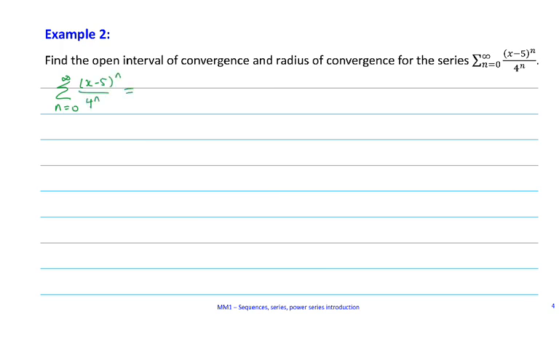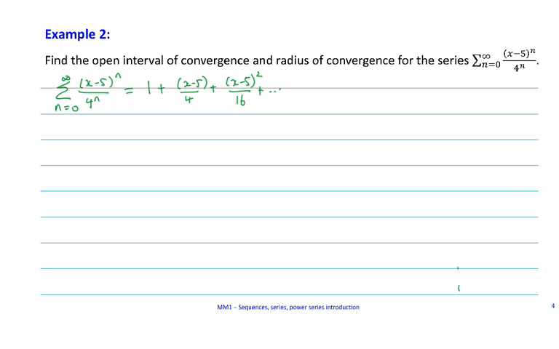Now it's from 0, so we'll have 1 plus (x minus 5) over 4 plus ((x minus 5) over 4) to the power of 2, which is over 16, plus etc.